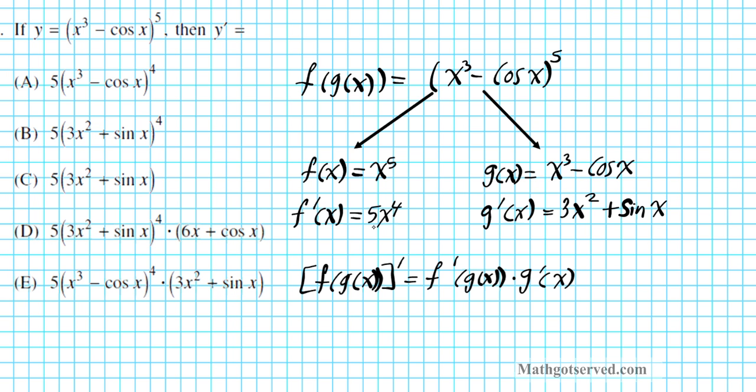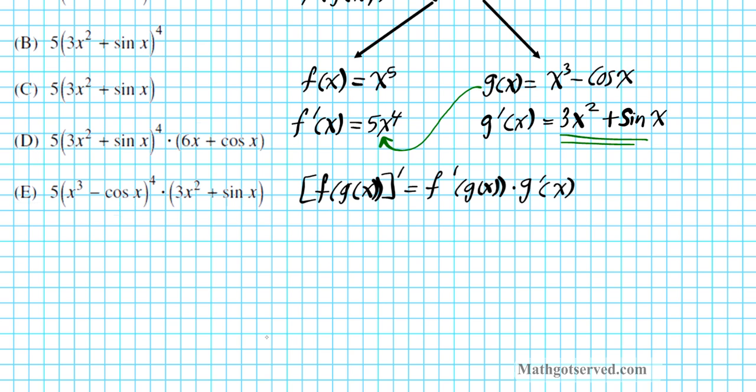Okay, so what we'll simply do here is evaluate the outer function at the inner function, so plug in g of x into x here, times g prime of x. So let's go ahead and do that. Our derivative, y prime, is going to be f prime of g of x. So just simply plug in this quantity into the x here.